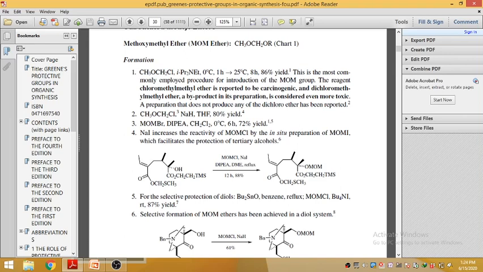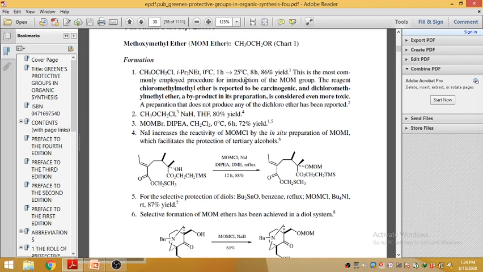There are a number of methods utilizing different reagents, giving the reference of each of the reagents where it has been first utilized. First method we have already discussed, MOM chloride, diisopropylethylamine, 0 degree Celsius.